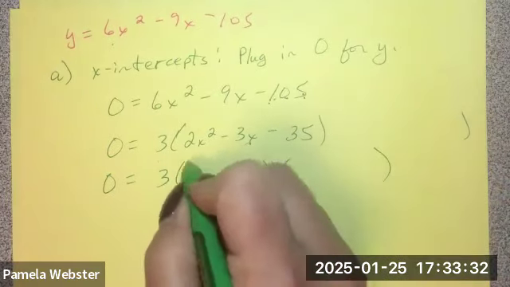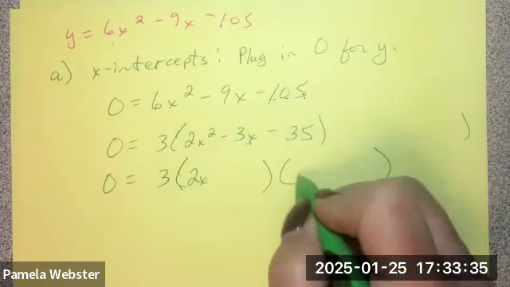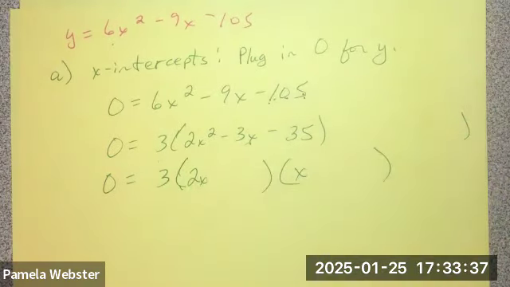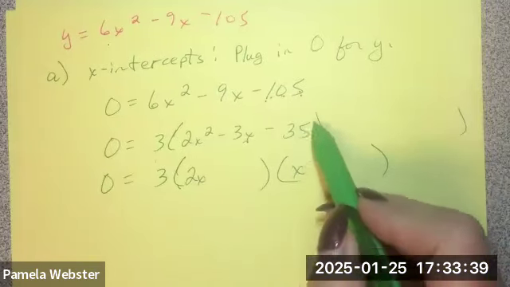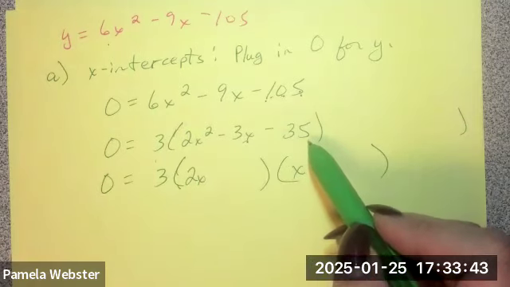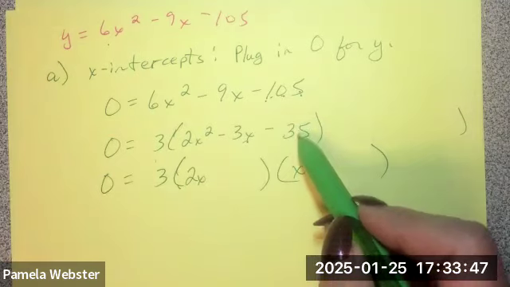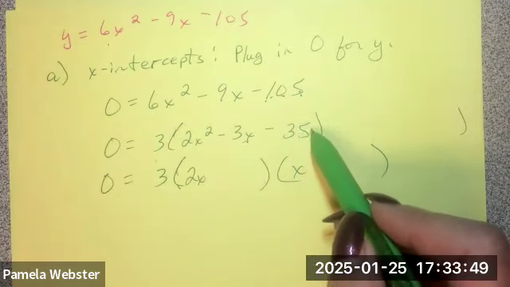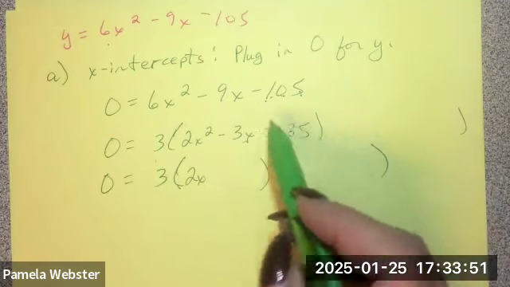And then I look at this guy and I say, well, 2x squared goes 2x and 2x. I need factors of 35, where one of them is a negative because a positive times a negative gives me the negative 35, right?